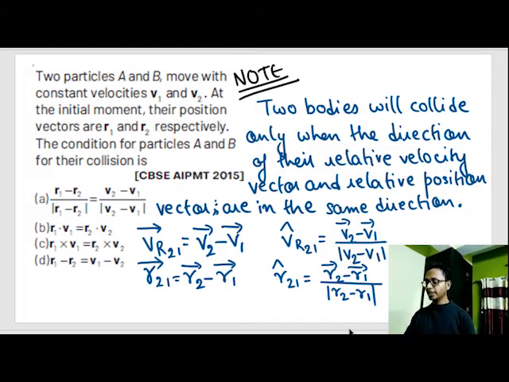Now these two are equal. So our correct option is option A.